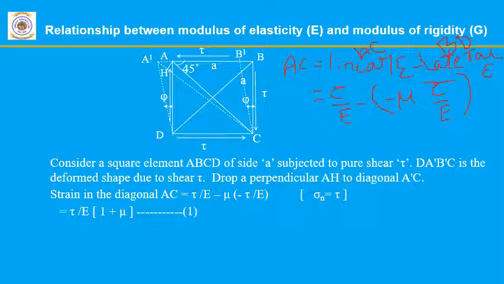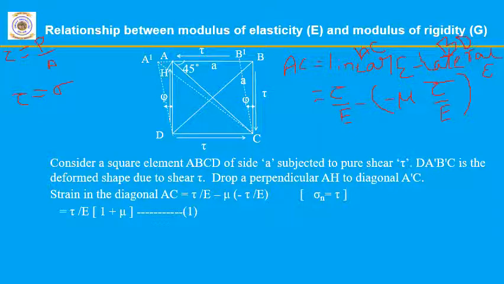So how to find the linear strain? We know the general equation for shear stress is shear load by area. So tau is equal to load by area, which can also be written as sigma.